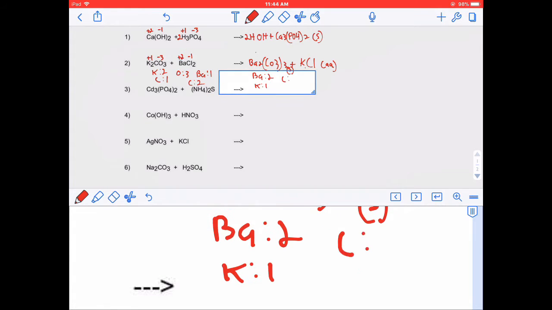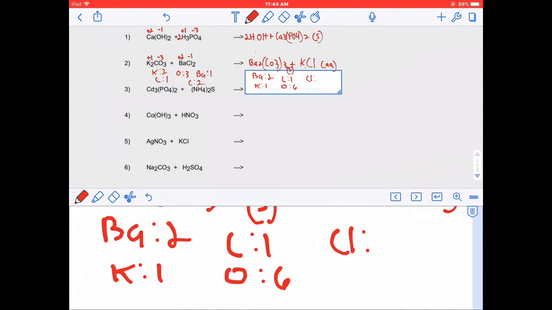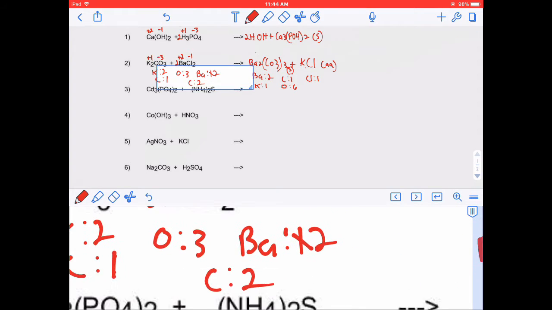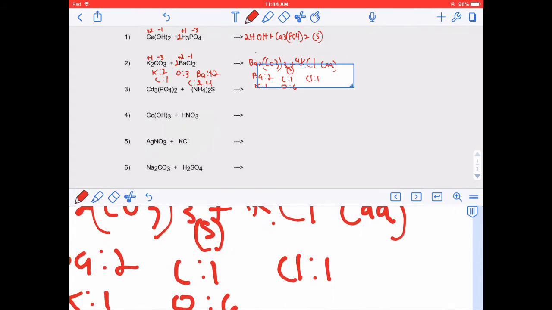So as you see here, I'm now balancing the equation. Now I just balance it like a regular equation after I put it on the other side, and I find out the solubility rule for each of them.